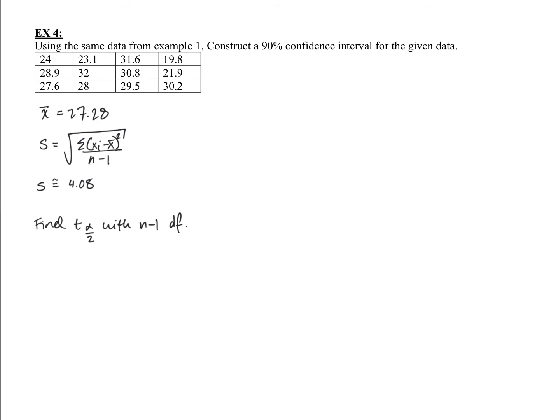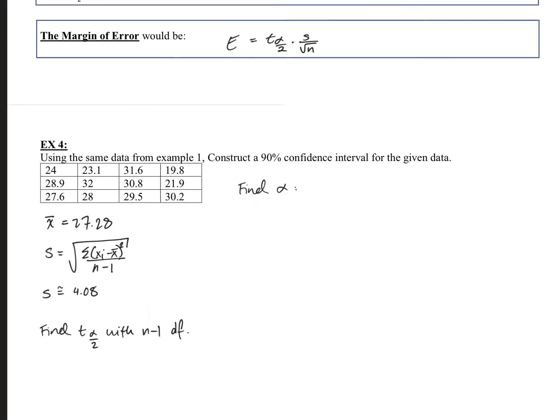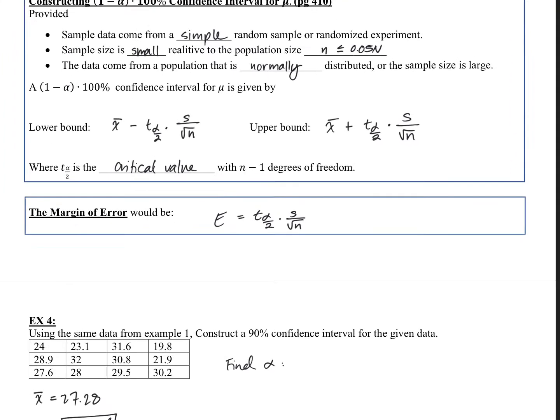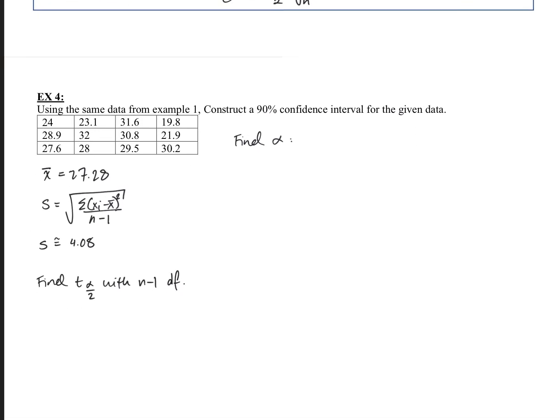First off, we need to find alpha. To find alpha, we're going to use a formula we're given, which is (1 − α) times 100%, and we want a 90% confidence interval. So we'll set this equal to 90%. I'll change these from percentages into decimals, so that's going to be just 0.1.